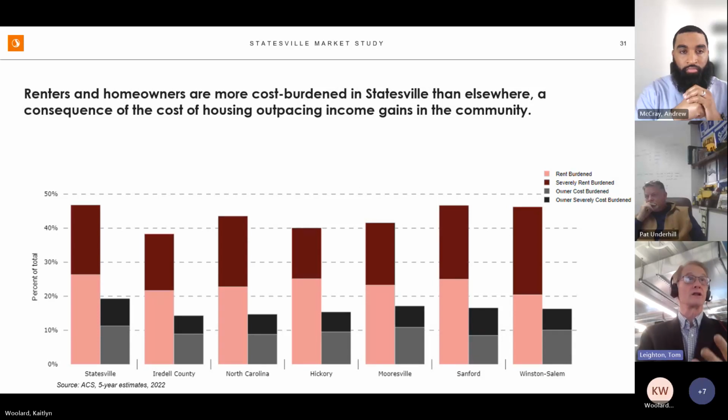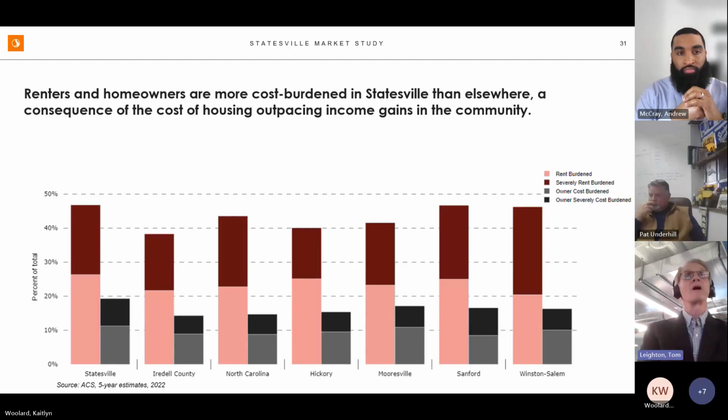And particularly when a lower income or a moderate income household is paying more than 30% of their income on their housing costs, that starts to leave a really diminishing amount of resources available to address all other life needs. So that's a red flag.